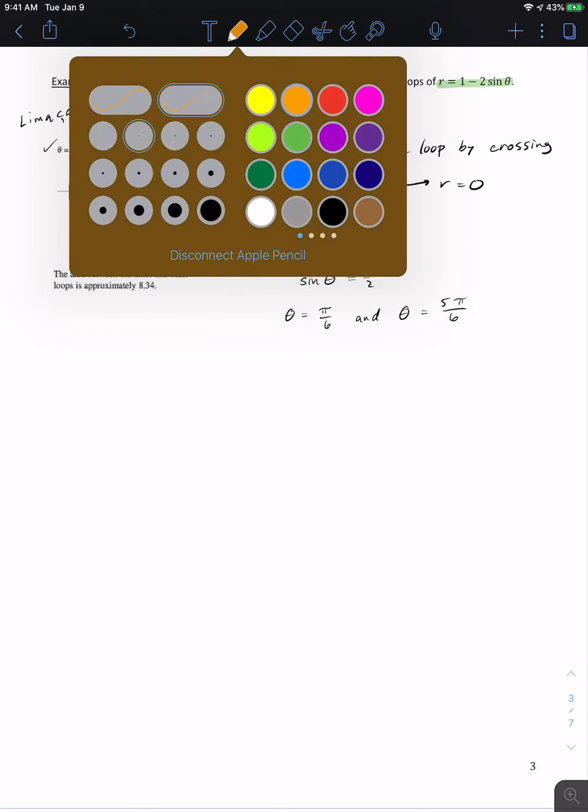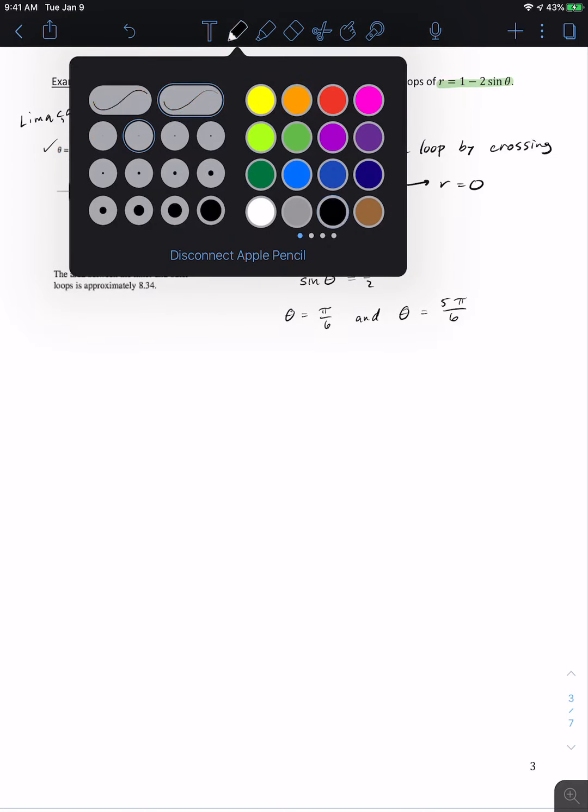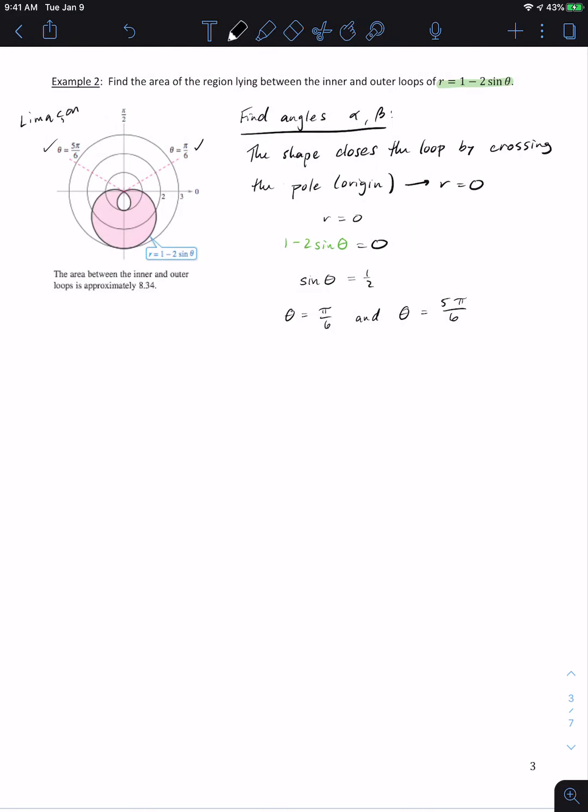It starts like this, it starts here at pi over 6, and then it goes all the way there and through there. So I end up getting what I want here.